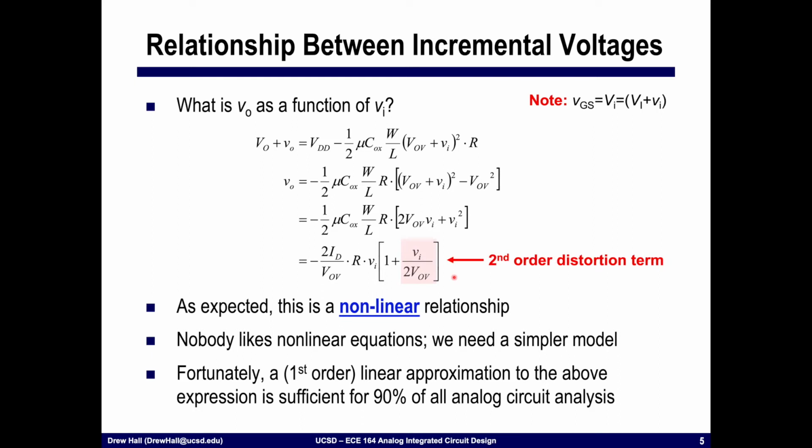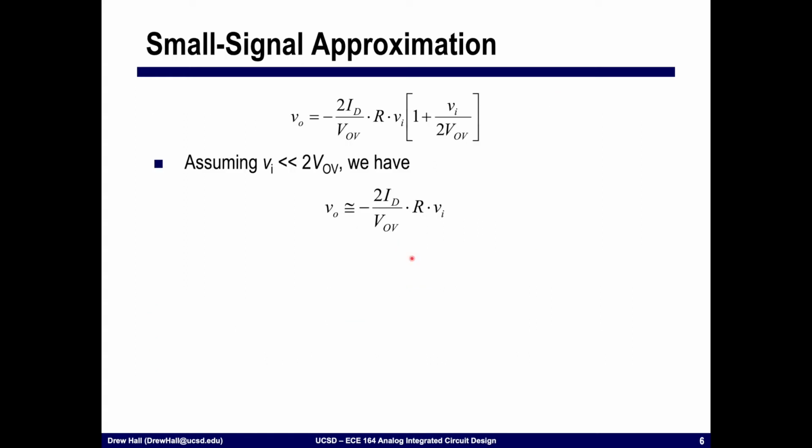All right, so as I said, this is that second order distortion term, and it really occurs because we have VI times VI here. So if I look at this expression, it tells me something rather interesting. Okay? In particular, if I wanted to minimize the second order coefficient of VI, what this means is that if I kept this denominator small, and when I say small, I really mean small relative to VI, I could approximate away this term relative to 1.